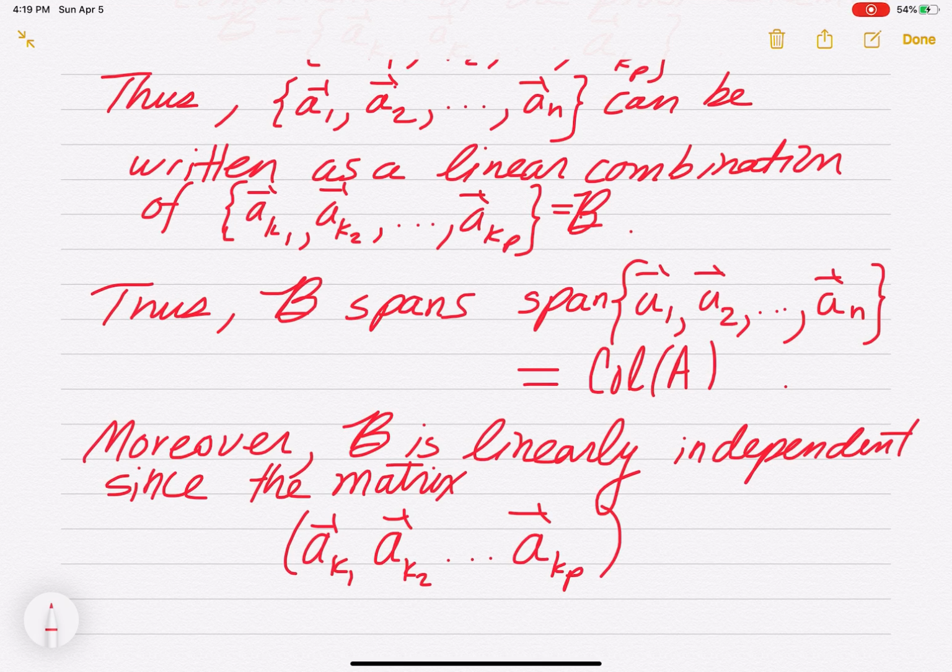So, these are all pivot columns of the original matrix. So they all have pivots, since it has pivots in each column.